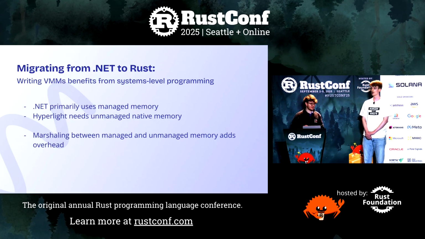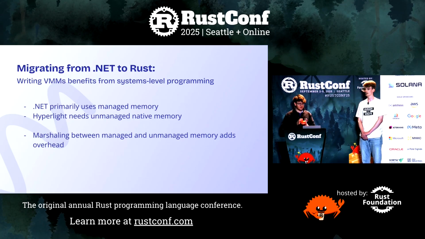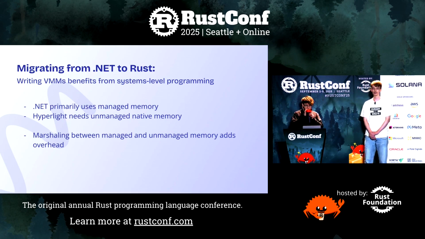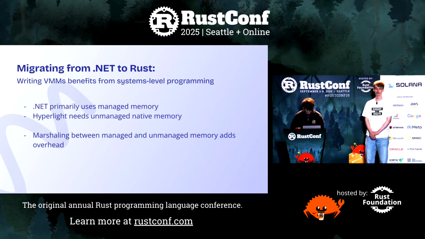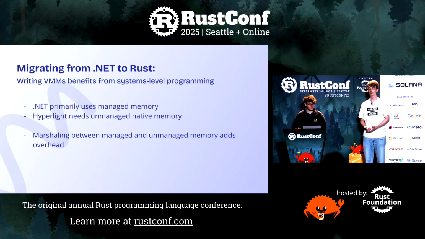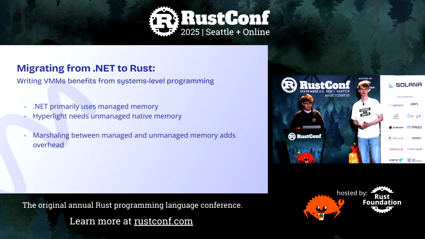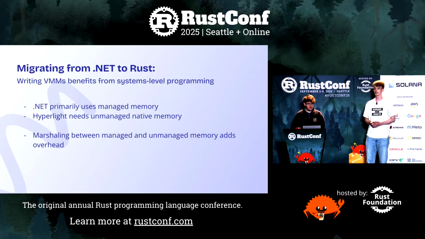Right, so there are a couple of reasons we decided to migrate from .NET to Rust. One of them is that writing a VMM such as Hyperlight requires a lot of systems-level programming. At its core, a Hyperlight VM is just a chunk of memory, a chunk of unmanaged native memory, because we need to be able to map it into a VM. And as you might know, .NET uses a garbage collector.